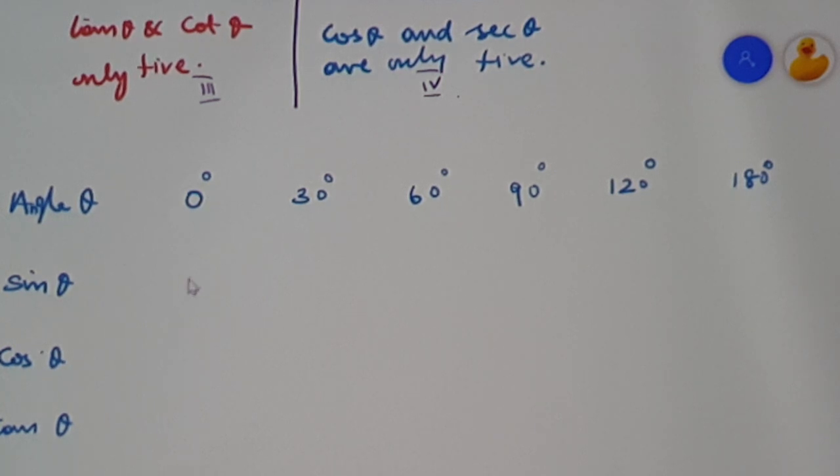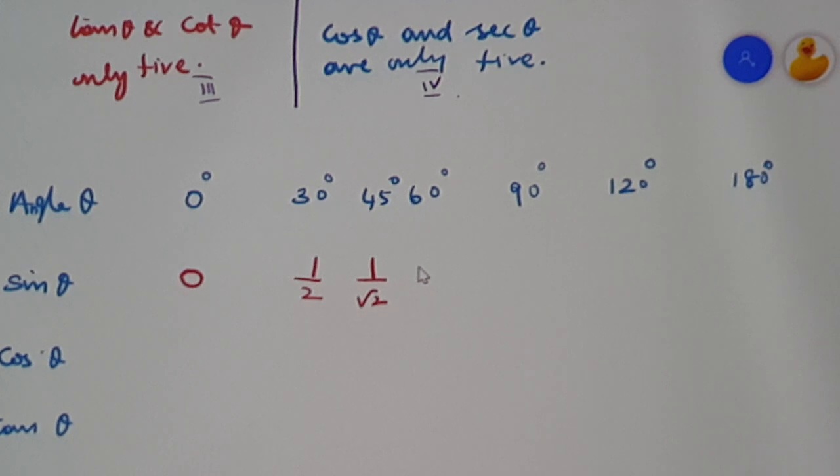Sine 0, I can write 0. Sine 30, I can write 1 by 2. Instead of theta, I am substituting this value. I have left out one angle, isn't it? Between 30 and 60, I can consider 45. So sine 45, I can write as 1 by root 2.